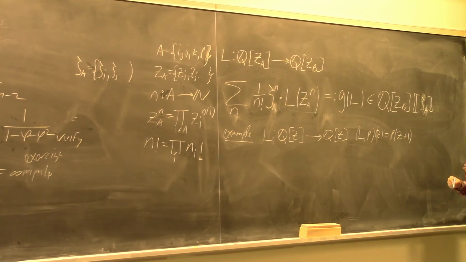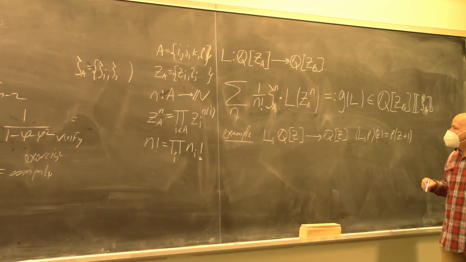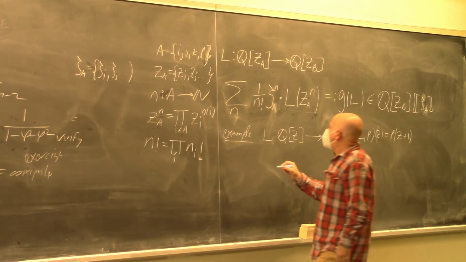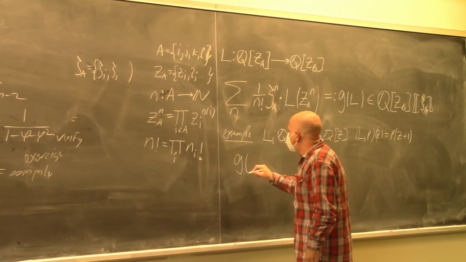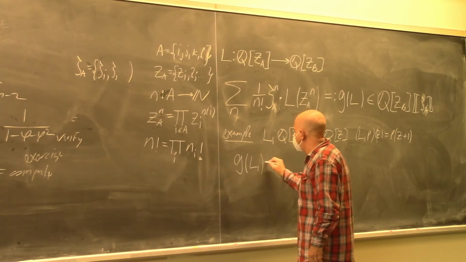So it just shifts the polynomial by one unit to the left, or right, whatever it is. Okay? So let's compute the generating function for L1.